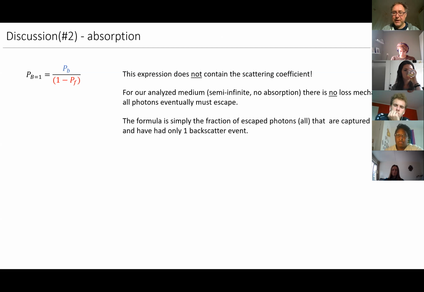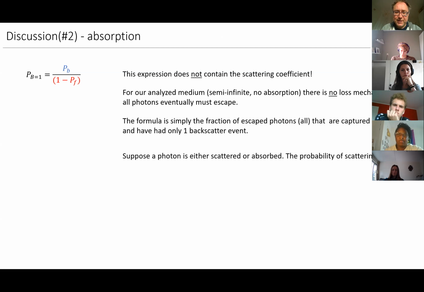But now, if there is a loss mechanism, so if there is absorption, then we have to include that. We can do that in the same way as we included the forward scattering probability. Let's suppose that when there is an interaction, it is either an absorption event or a scattering event.